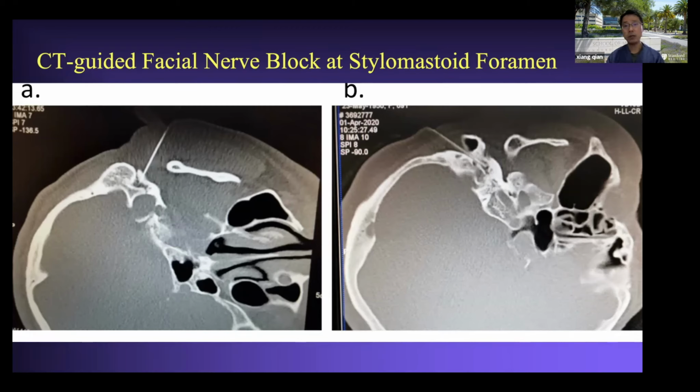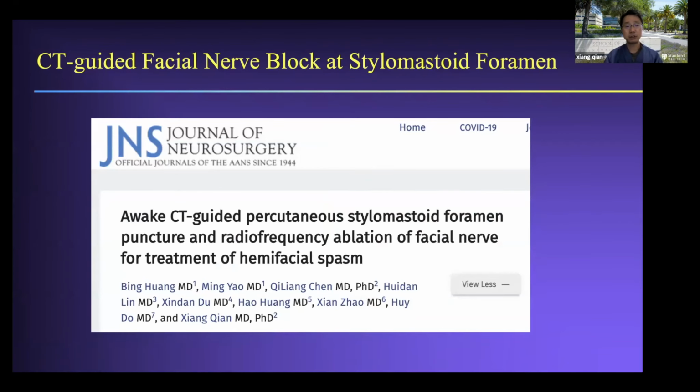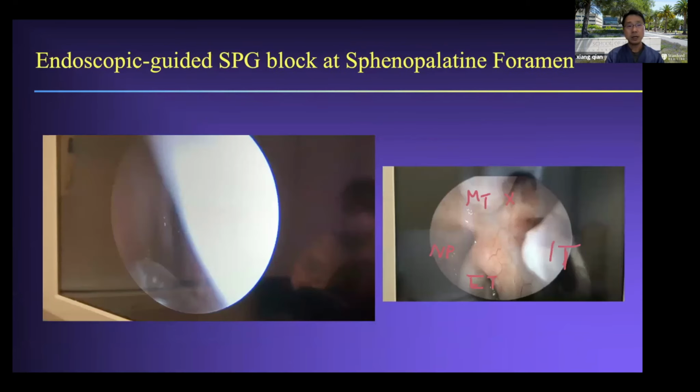We're the only program in the USA right now doing this type of block, and obviously we need a lot of help from you, because right now we only have 50-plus patients. We don't have enough. We recently published this article in the Journal of Neurosurgery with peer review.